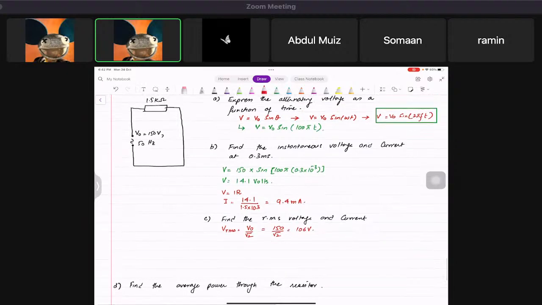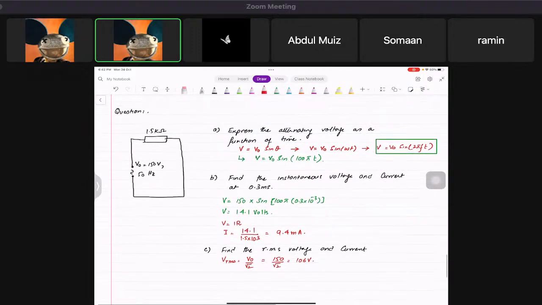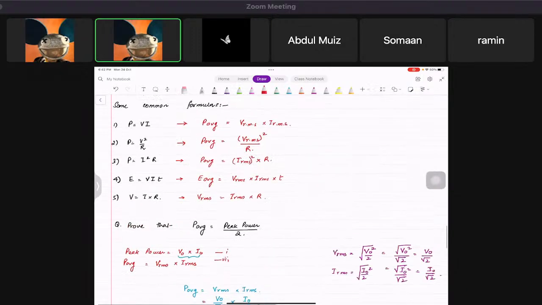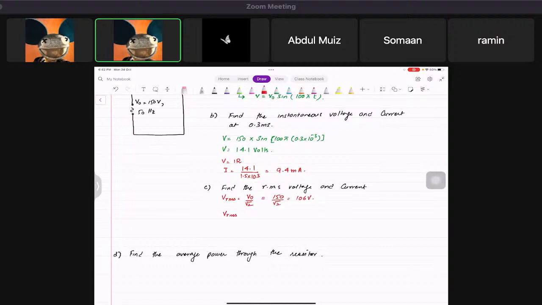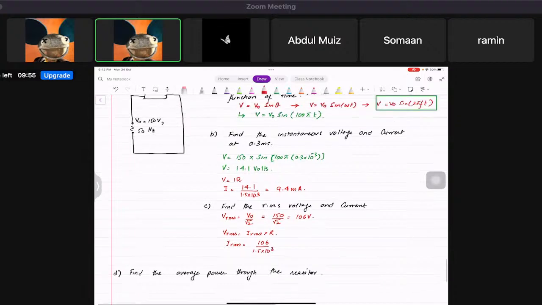So we're going to go back and see which formula really suits us. I have the resistance right here. I could use this formula, Vrms equals Irms times R. So Irms will be equal to 106 divided by 1.5 times 10 raised to 3, because that's the resistance, right?